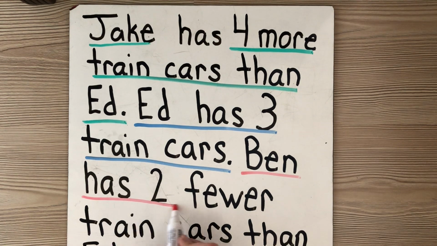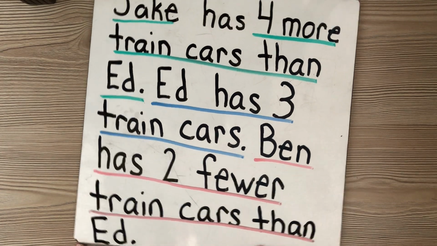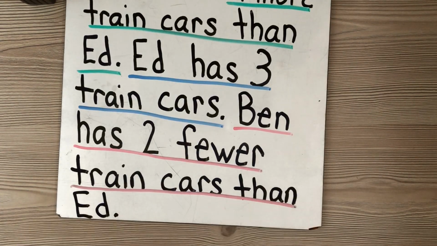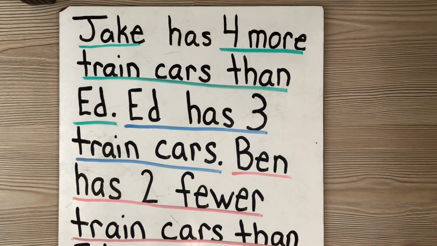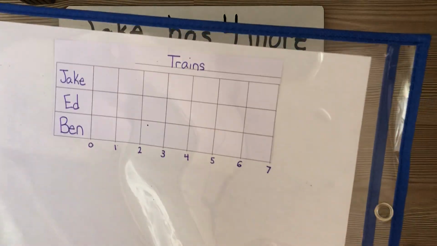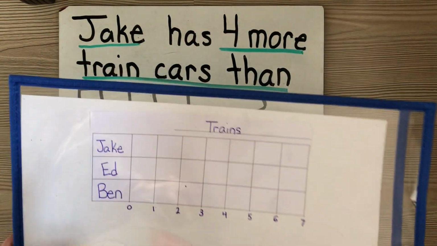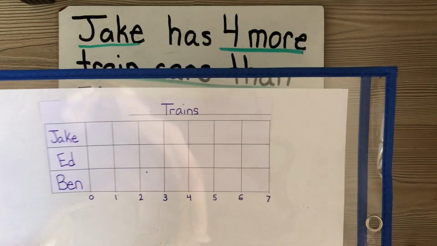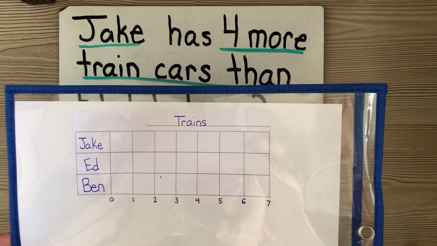Ben has 2 fewer train cars than Ed. All right, boys and girls, take a deep breath. We are going to take these 3 clues and we are going to make a graph. We are going to use this bar graph to help us find how many train cars Jake has.